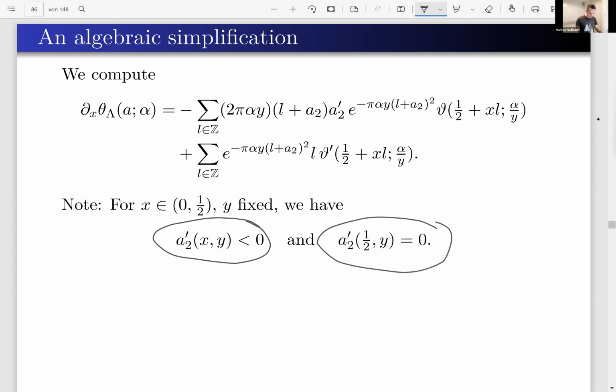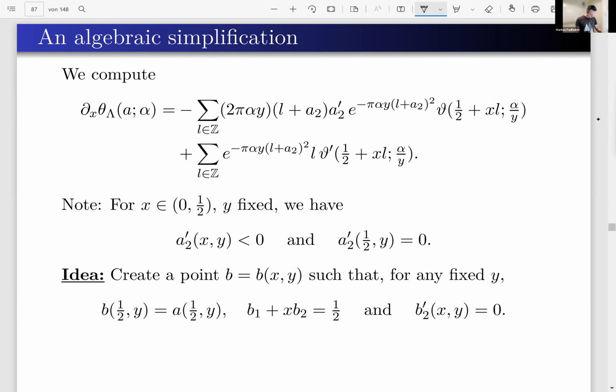And then we were actually able to prove that by constructing a point B, which coincides with the circumcenter on the right boundary line, but not for other lattices, and which also has this algebraic property.